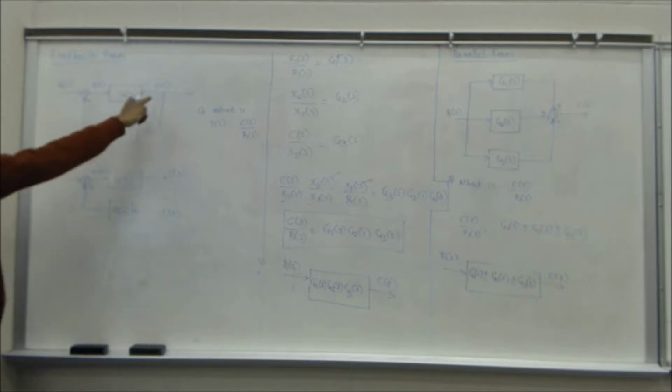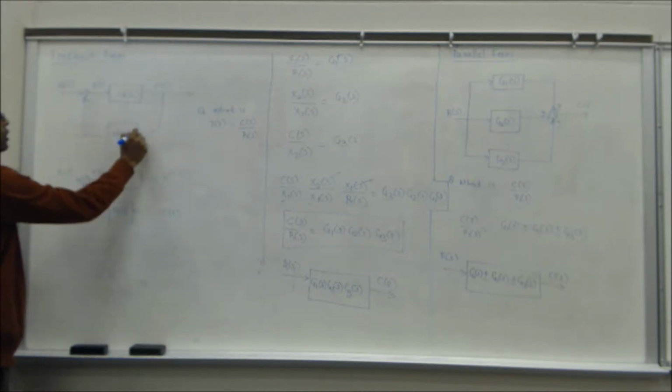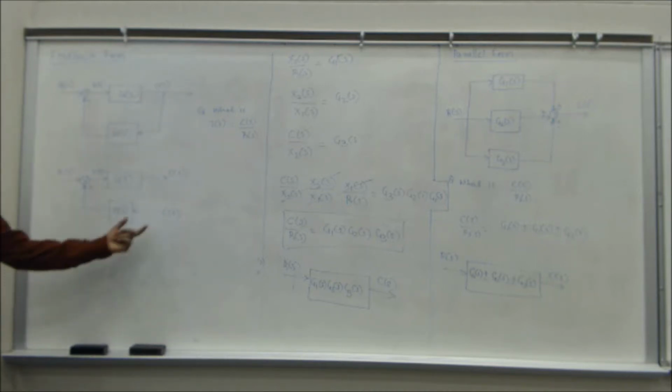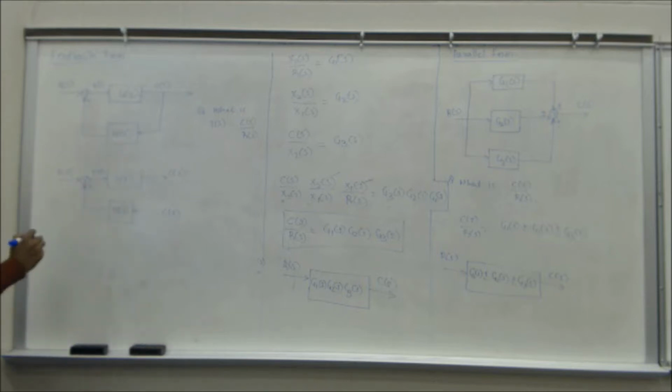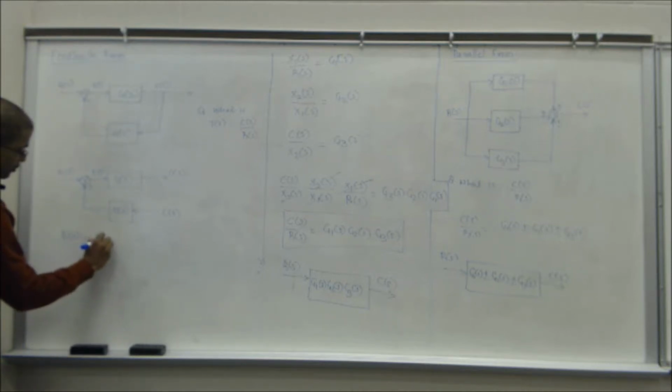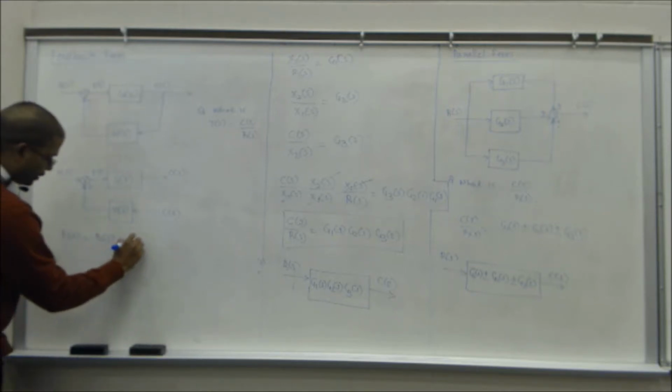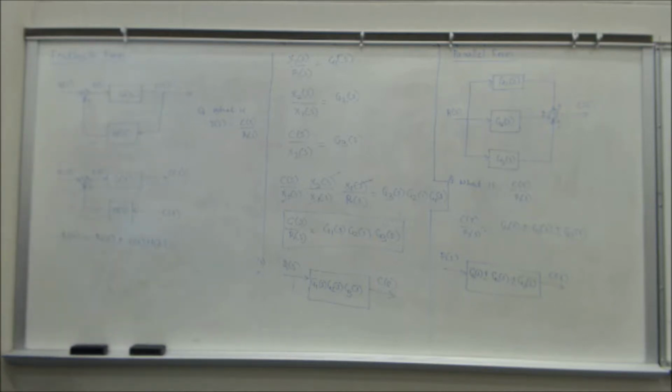Okay. So if you compare this one and this one, did I change anything out here? Right. So I've just separated. See, what signal is going in here? The C of S is going, right? I've just introduced another C of S going in. Okay. So what is E of S? E of S is R of S plus or minus C of S into H of S. You agree?